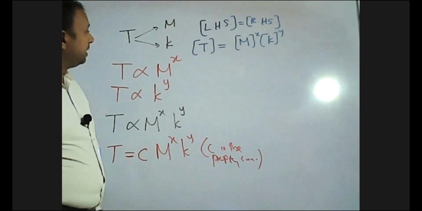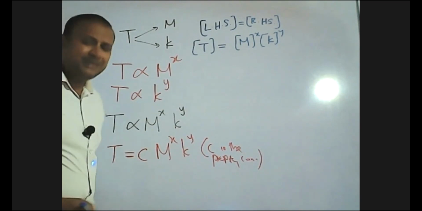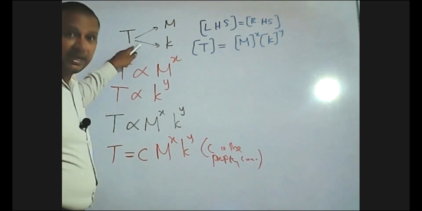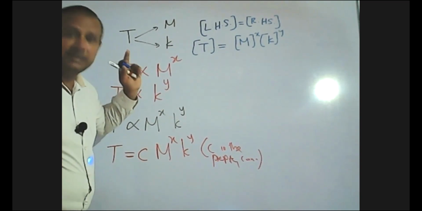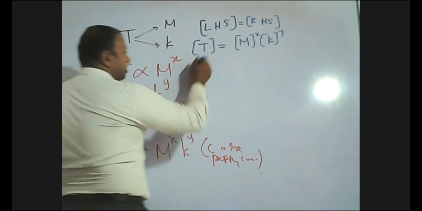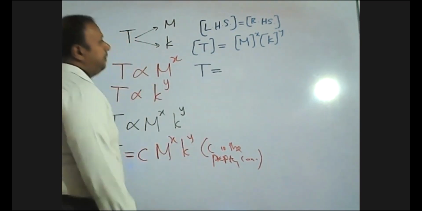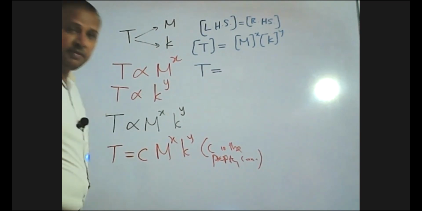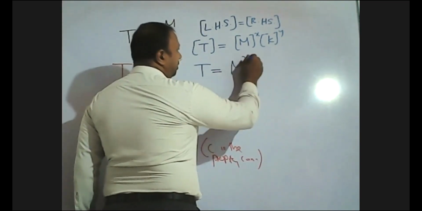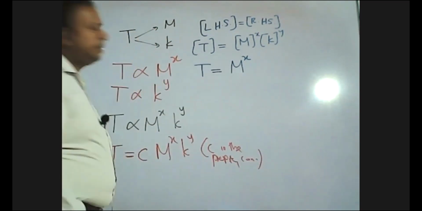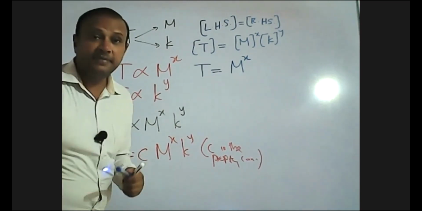Then the dimension of T. T means time, no? In this case, T is the period of oscillation. Period of oscillation is a time. So the dimension of T is T. The dimension of M. M is a mass, so the dimension of M is M. The dimension of K. What is the dimension of K, the spring constant?